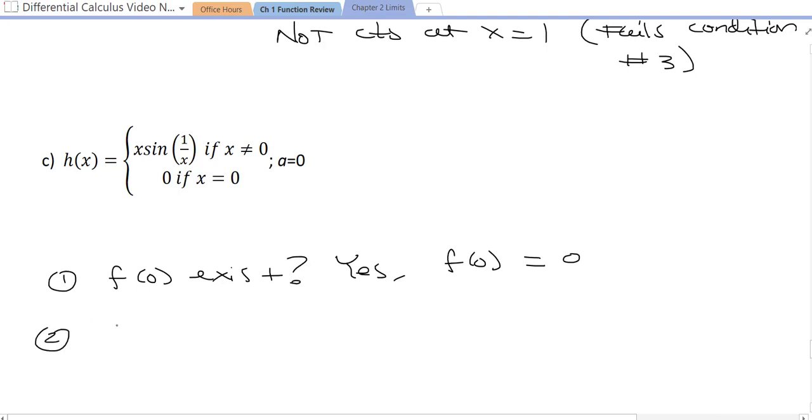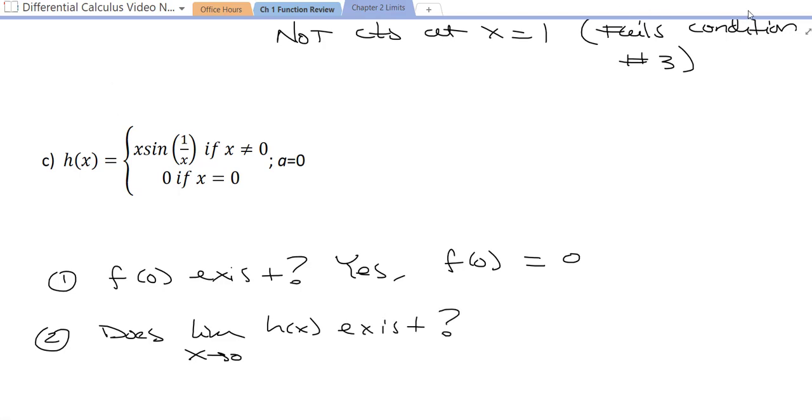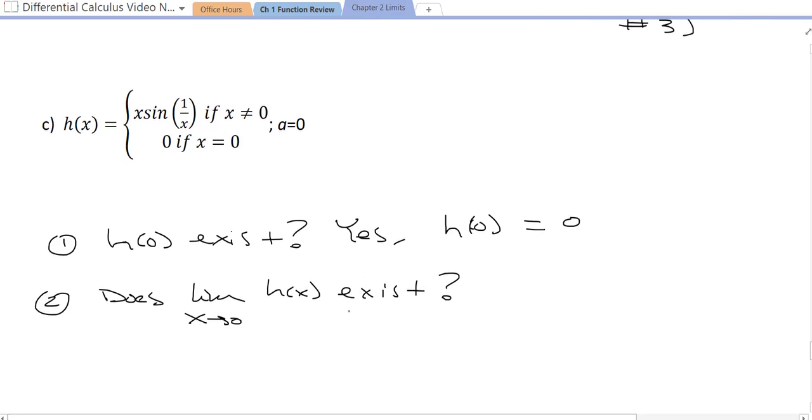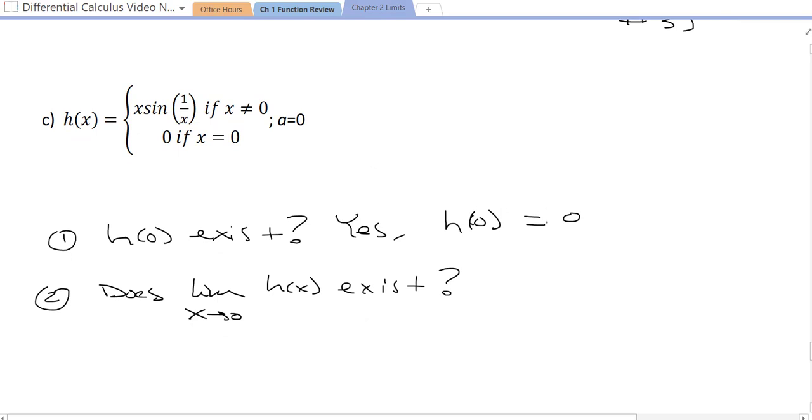2, does the limit as x goes to 0 of h of x exist? So I had to change my F's to H's again. So does this limit exist? Let's see. So for this, we have to check the limit as x goes to 0 of x sine 1 over x.